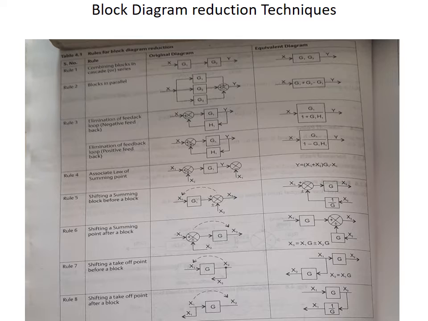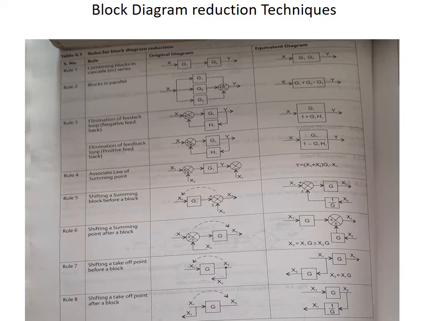One has inputs x1 and x2, and the other, after the block, has an input x1. The output is y, and after y there is another summing point. First find y. To the G1 block you have two positive inputs, x1 and x2, so x1 plus x2 is the input to G1.